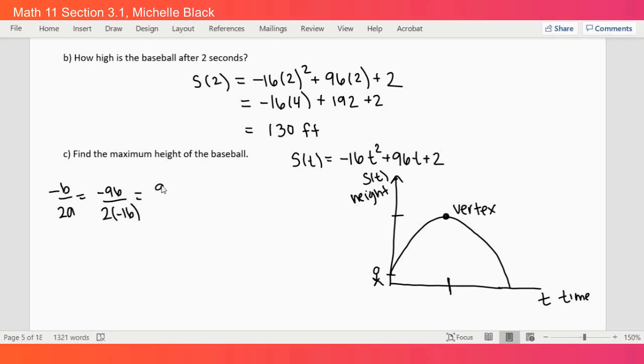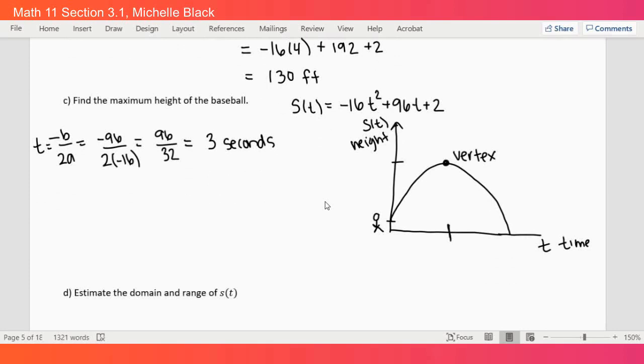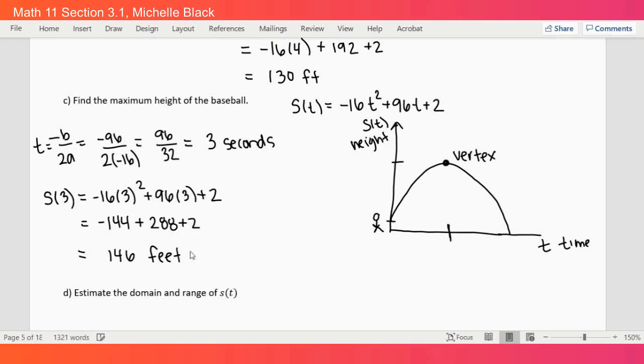Again, the negatives are going to go away. And I get 3. Now for us, our x's are t's, so these are seconds. I wasn't asked to find at what time is the baseball at its height, though. I was asked to find what is the maximum height. So I need to plug that in. So s of 3. So the maximum height is 146 feet, which happens at 3 seconds.